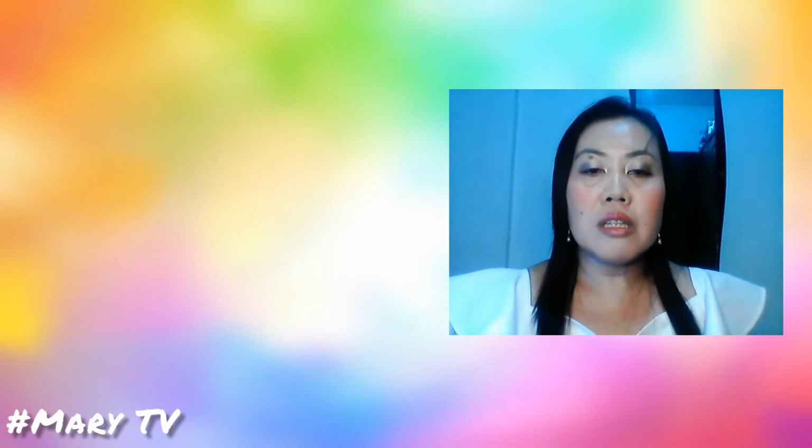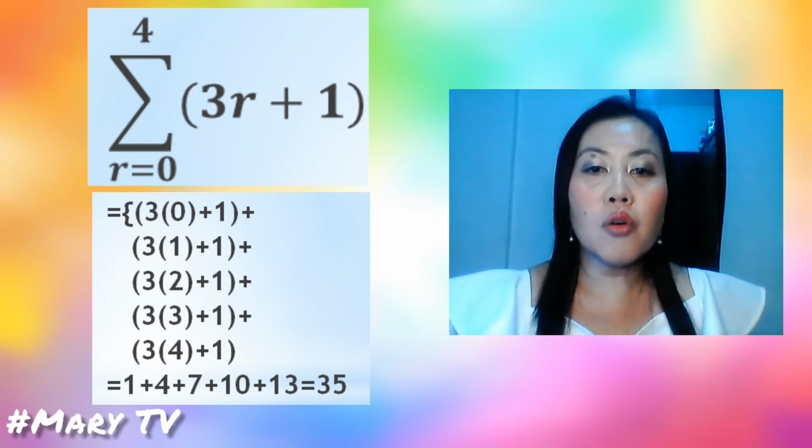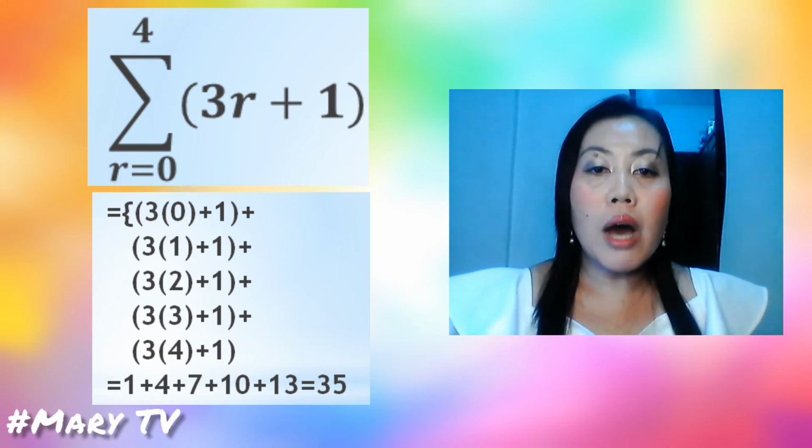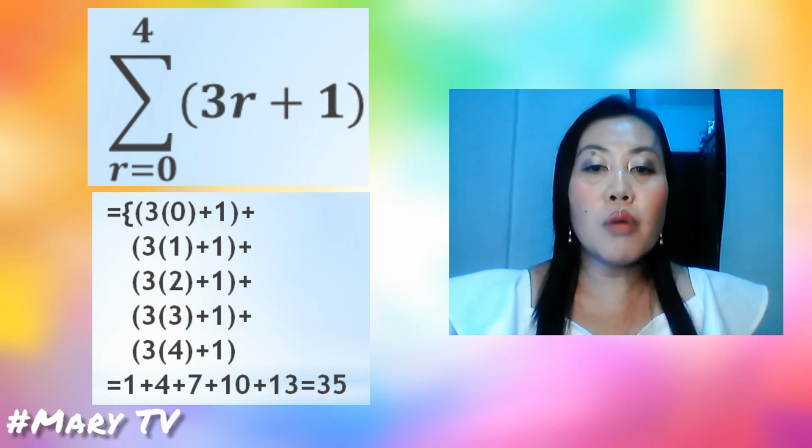Sometimes you will also have to interpret a sum given in sigma notation and expand it into individual terms. For example, let's find the sum of 3r plus 1 for r equals 0 to r equals 4. For r equal to 0, 3 times 0 plus 1 is equal to 1. For r equal to 1, 3 times 1 plus 1 is equal to 4.